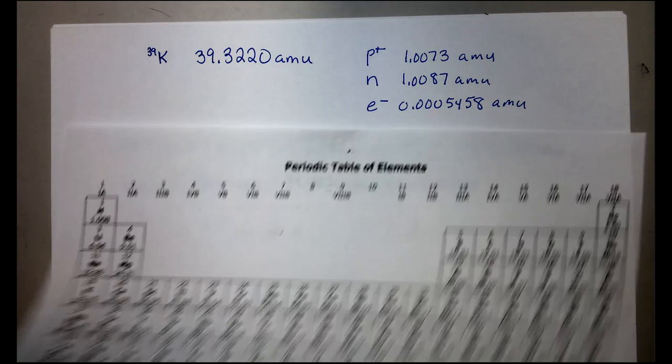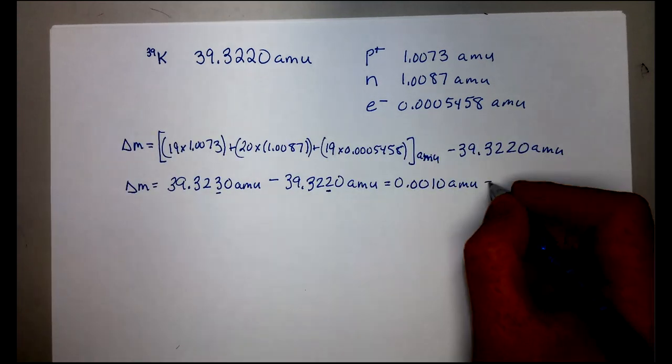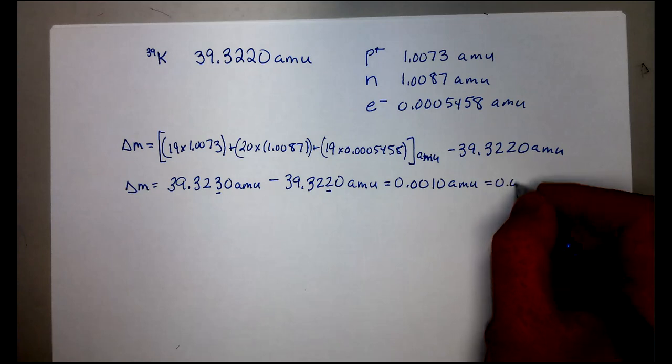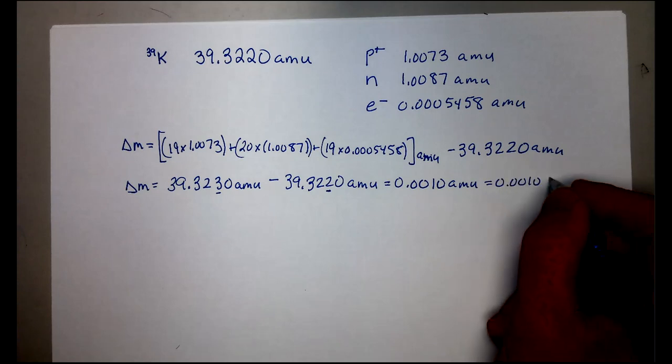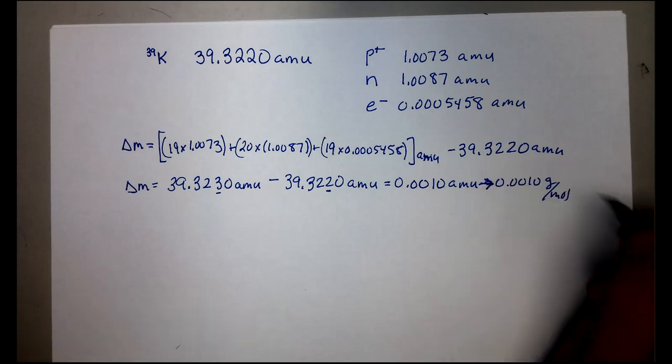And so use our stoichiometry. So that could be 0.0010 grams per mole. Those are more or less the same relationship.